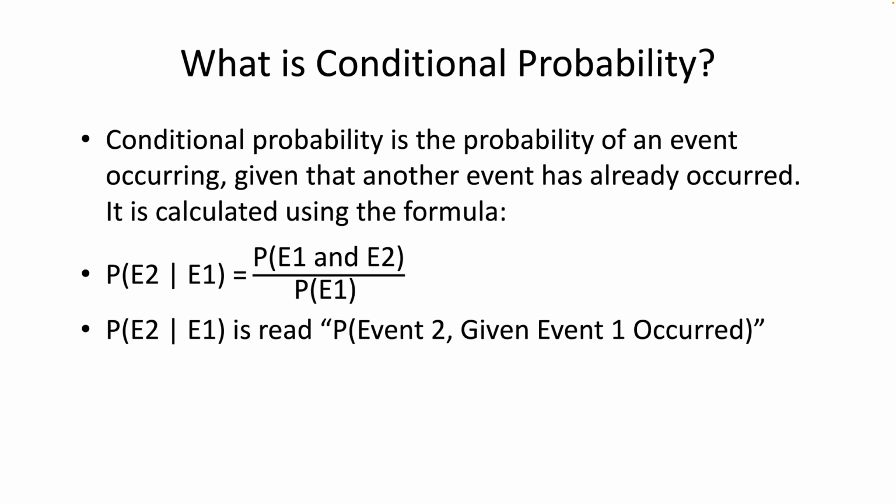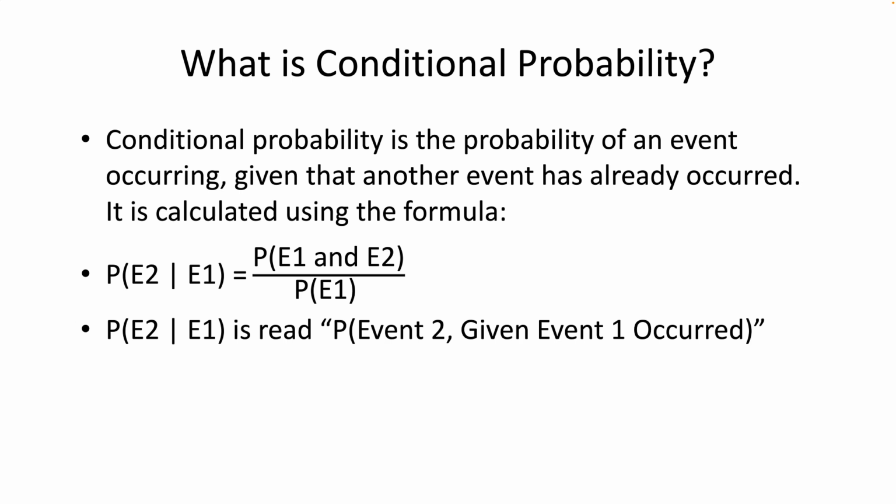Just a note about notation, when you see P of E2 with a vertical bar, then E1, this is read the probability of event 2 occurring given that event 1 has already occurred.